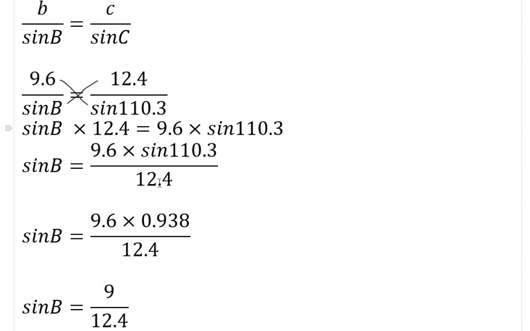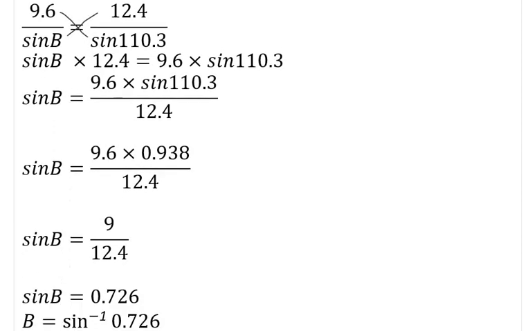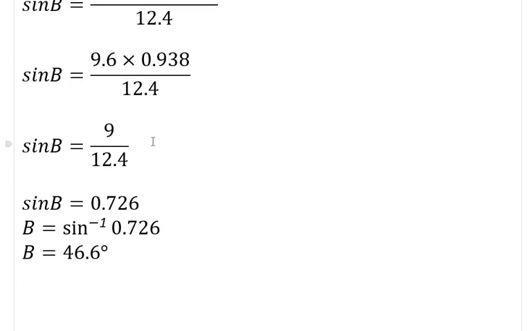Awesome. So just punch your calculator, look for sine 110.3. You have 0.938. Good. So if you punch 9.6 times 0.938, you have 9.00 or thereabouts. That's why we have 9 here. Divide by 12.4. So if you say 9 divided by 12.4, you have 0.726.